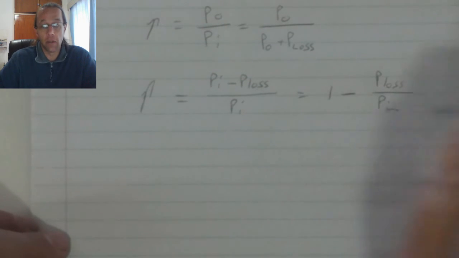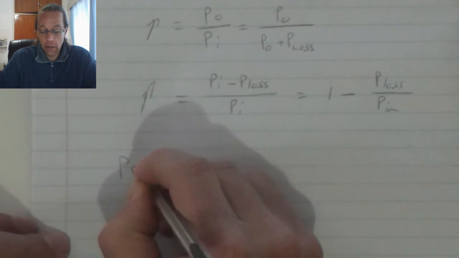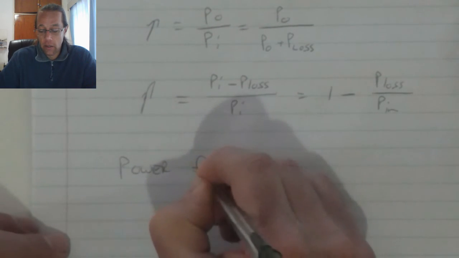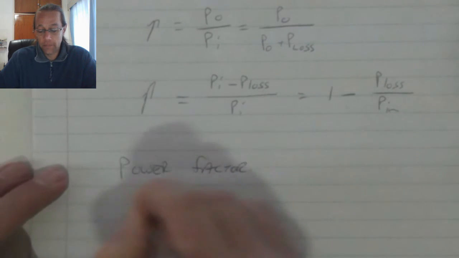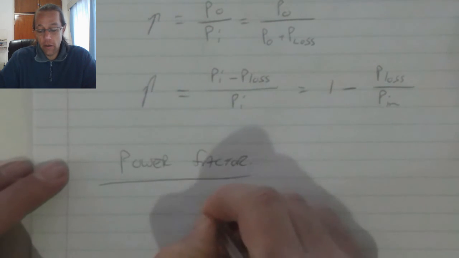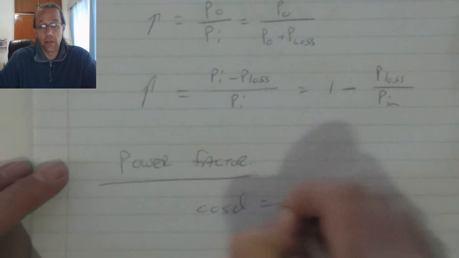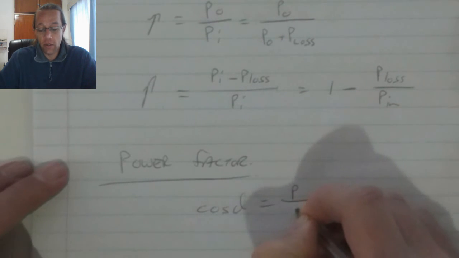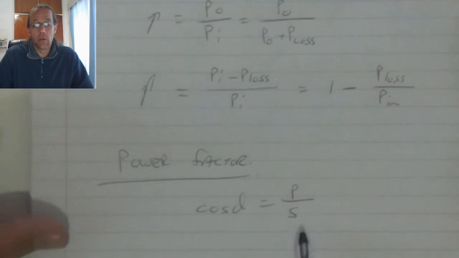When we did RLC circuits, we learned that power factor, which is cos theta, is equal to the true power divided by the apparent power.